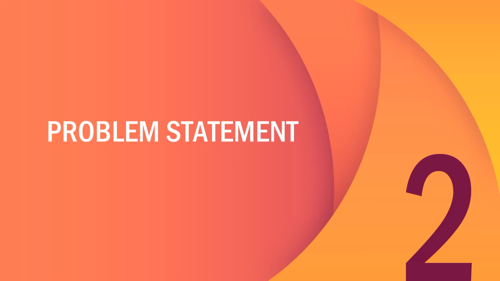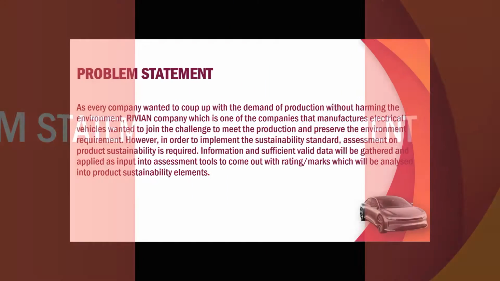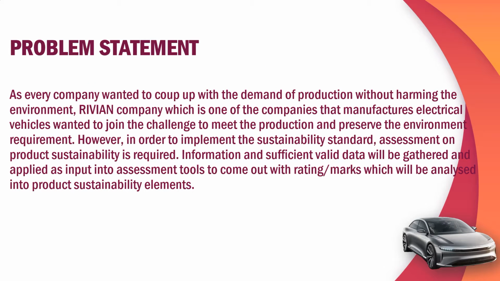So what is the problem statement that this company faces? Okay, next. For Rivian company, as every company wants to meet the demand of production without harming the environment, Rivian, which is one of the companies that manufacture electric vehicles, wants to join the challenge to meet production and preserve the environment. So they want to have good production, but at the same time they want to reduce the environmental impact of the product.